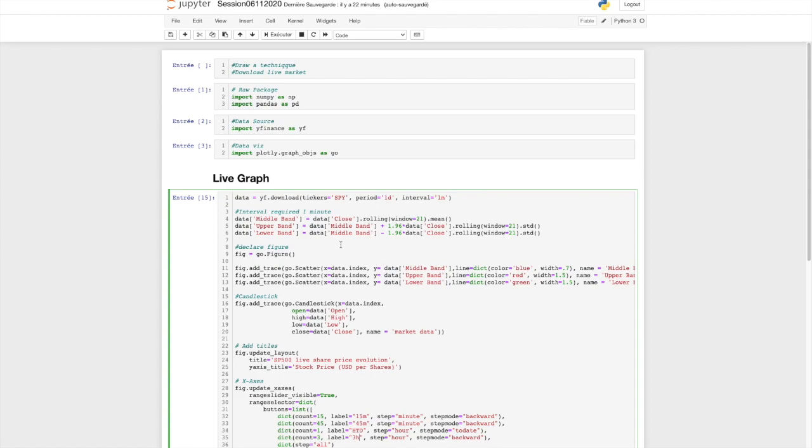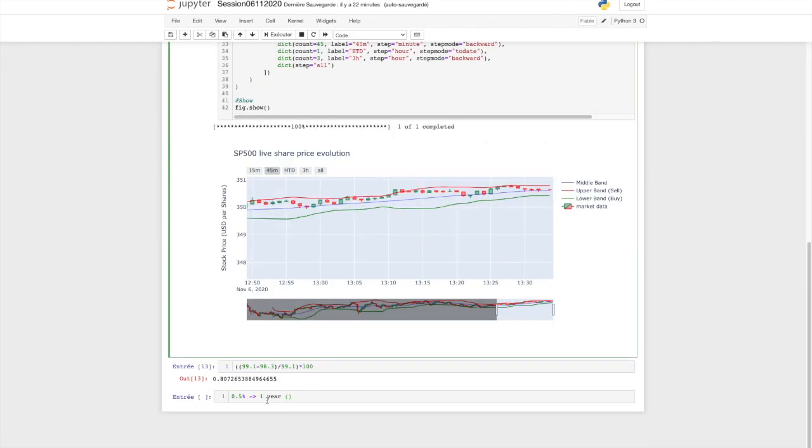Because 0.8% is not crazy, but for waiting 10 minutes, I believe it's worth waiting to increase the revenue by 0.8%, by 1%, which is interesting.